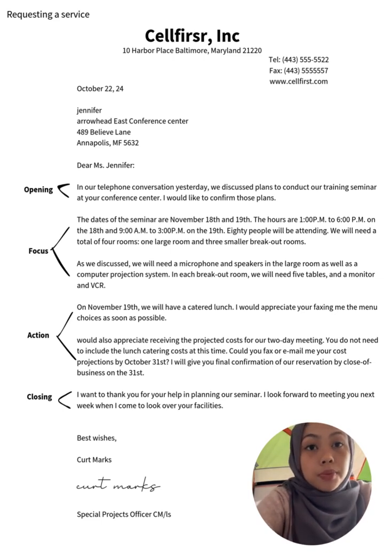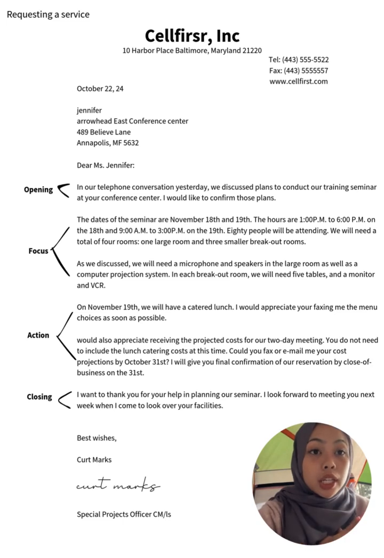There is a focus. The focus of a letter requesting a service is to let the service provider know what you need, be as clear and exact as possible. And the next one is action. In the action part of the letter, you can give a time frame for some action to be done, and you can promise to do something, or you might ask the recipient of the letter to do something.